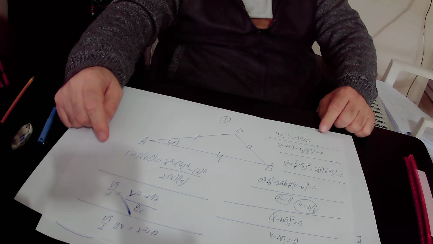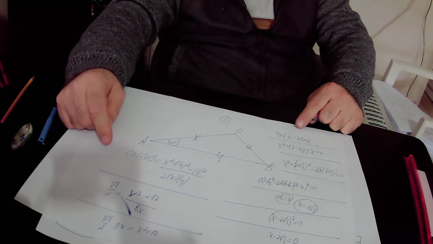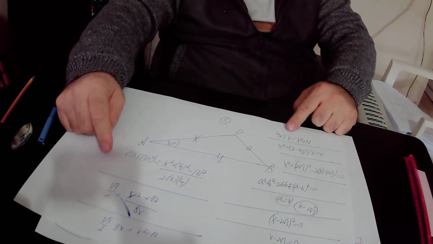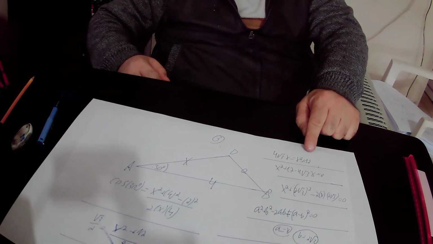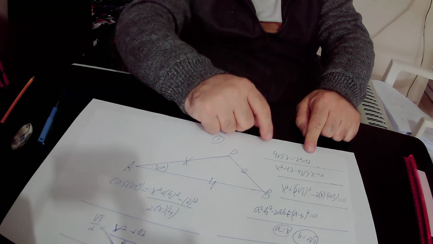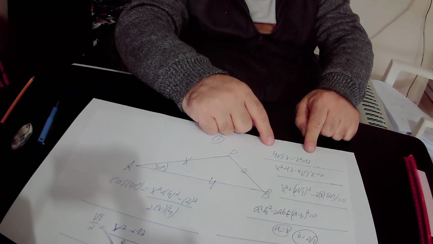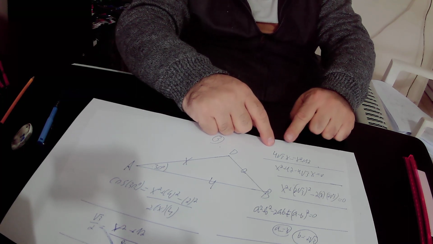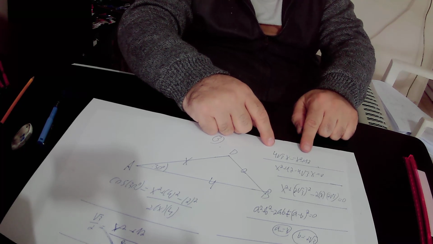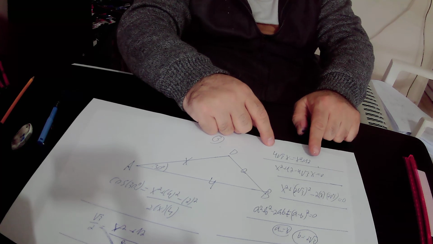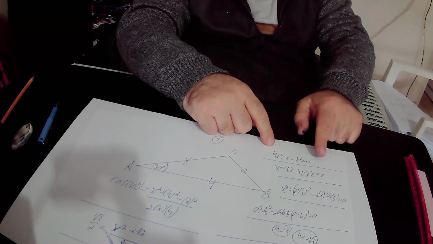Then we know that 8 over 2 is 4, so on this side of the equation we have 4 times square root of 3 times x equals x squared plus 12. We subtracted 4 times square root of 3 times x from this equation, and we got that x squared plus 12 minus 4 times square root of 3 times x equals 0.